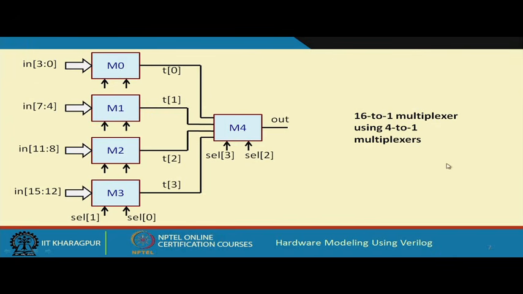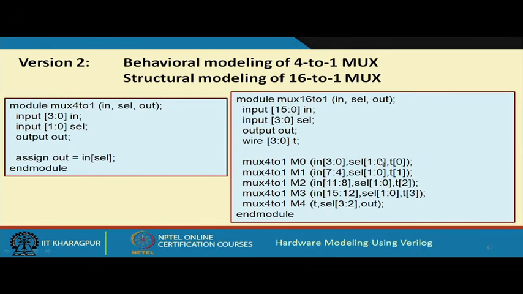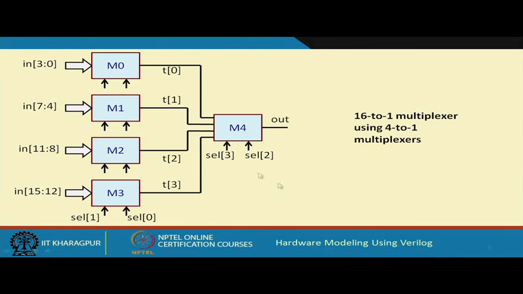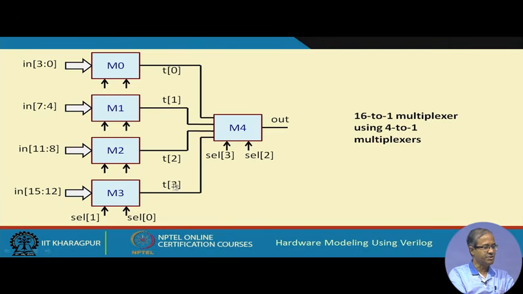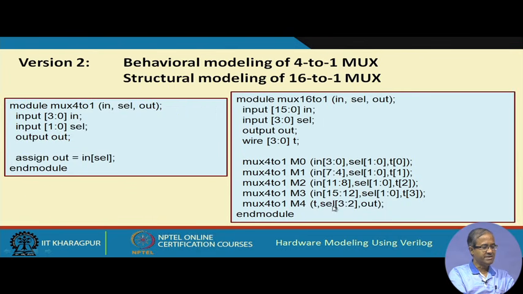Similarly M1, M2, M3, and finally M4, the input is T, T0, T1, T2, T3, you can simply write T, it is a vector. The high order bits of sel, 3 and 2, are the select lines, and out.